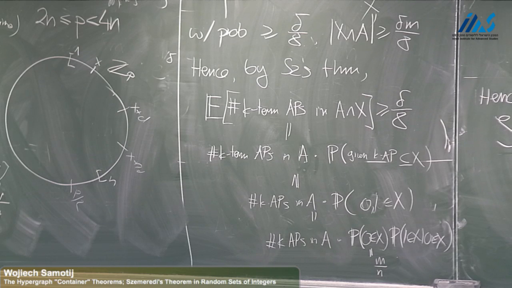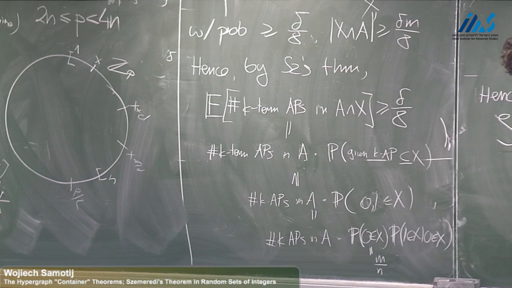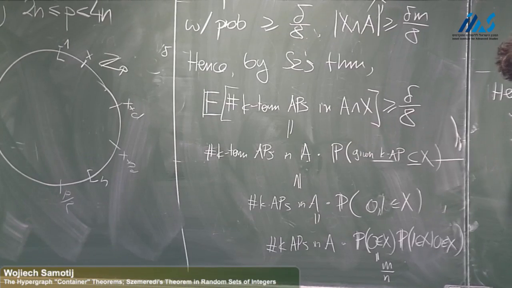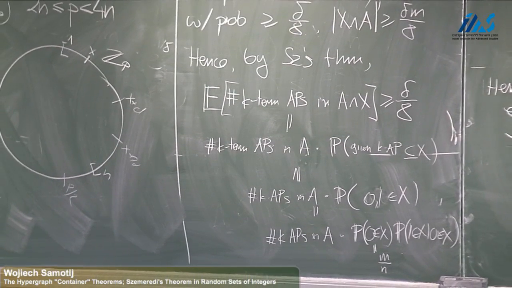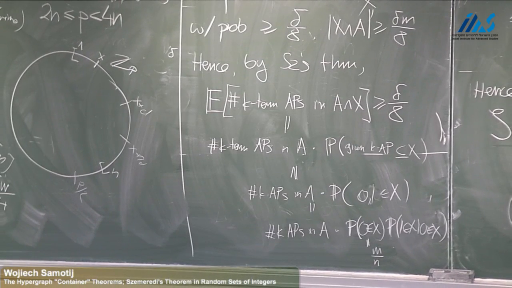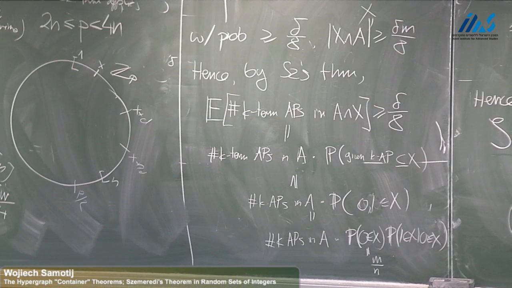And if I require my set to contain the element 0, then still under this conditioning, each remaining element will be covered the same number of times. So this probability is just m minus 1 divided by n minus 1.